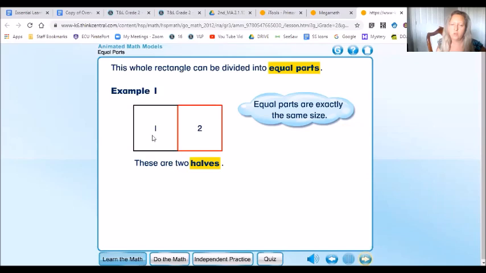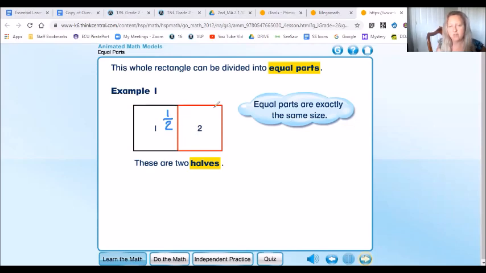Here's one part and here's the second part. But we're actually going to put the name of this fraction. You see, mathematicians have given all fraction pieces a name. This piece is called 1/2. Please label 1/2 of your rectangle and give him his name.